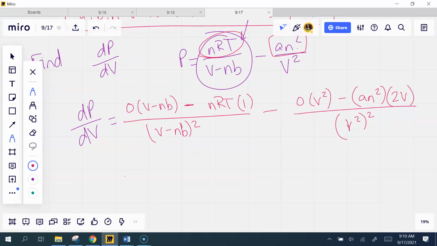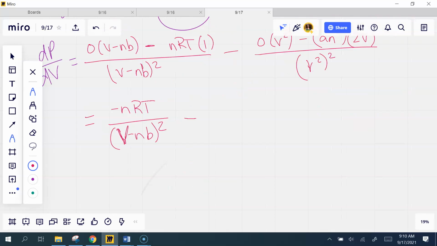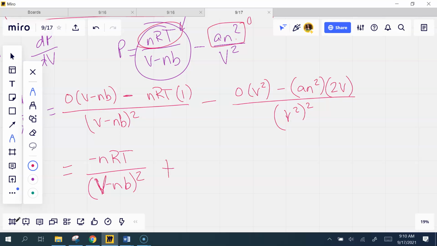All right, let's clean it up a little bit. What happens on the top of the first fraction? Negative nRT, and the bottom I'm going to leave just this way. Minus, instead of minus negative, I'm going to go ahead and do plus here, since the whole top is negative. So you said it's 2V a n squared.